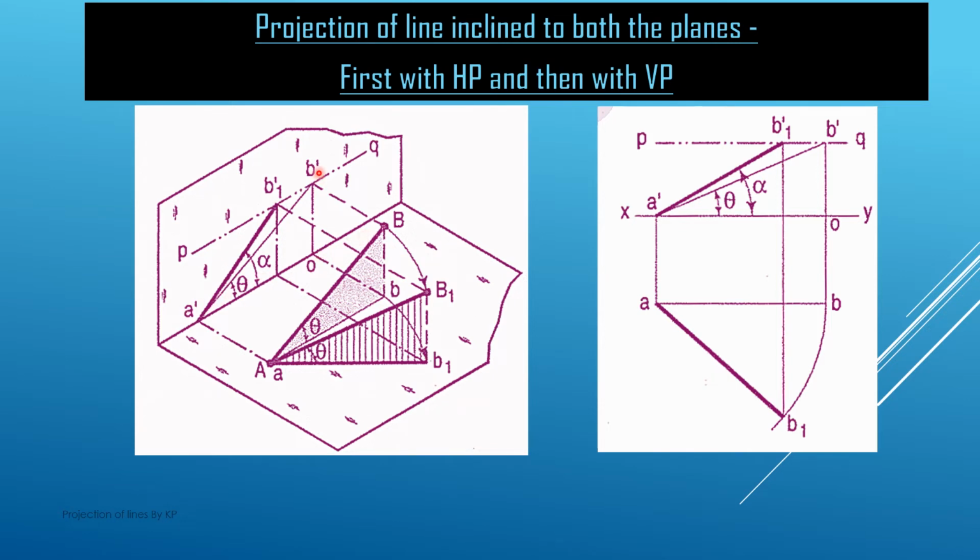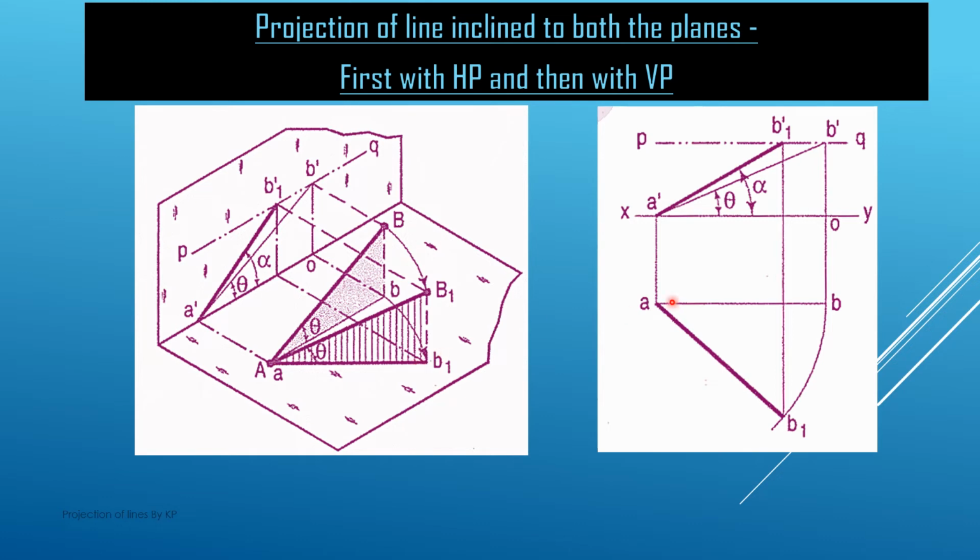So A dash B1 dash is the final projection of the line which is making an angle theta with the HP and an angle phi with the VP. Now this line has an inclination of alpha with the HP in the new position, and A B1 is the final projection of the line on the HP.